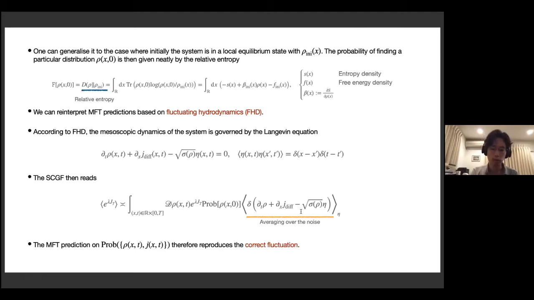So if you believe in fluctuating hydrodynamics, this is taking care of the correct fluctuation that is generated during the dynamics. And because this is the same as the previous one, what you can conclude from this is that this MFT prediction on this probability distribution really reproduces the correct fluctuation.